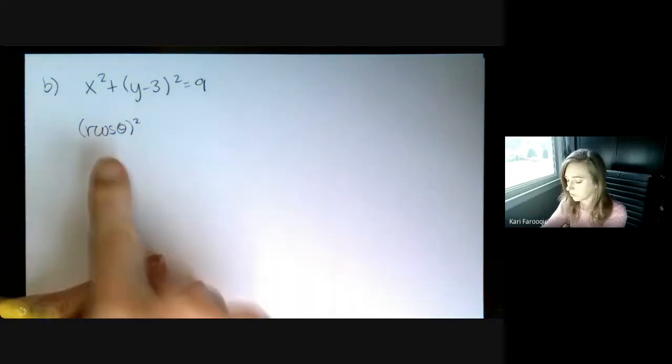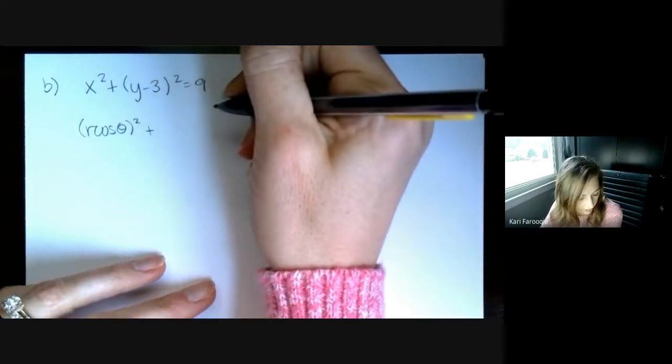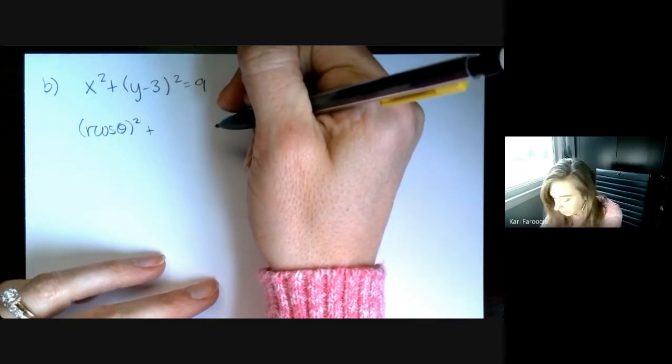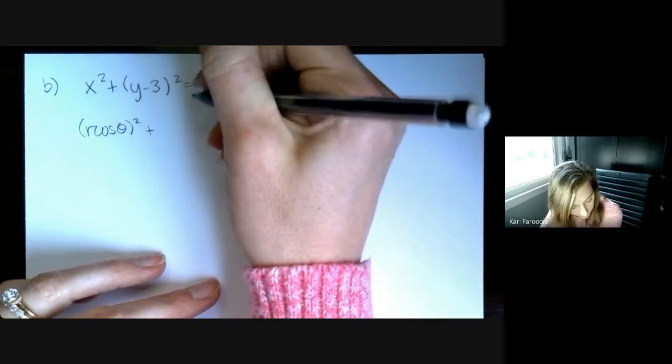So we know that x equals r cosine theta. Everywhere we see x, we're going to replace it with r cosine theta, and in this case, it's being squared. And then y is r sine theta, so we're going to replace that quantity.